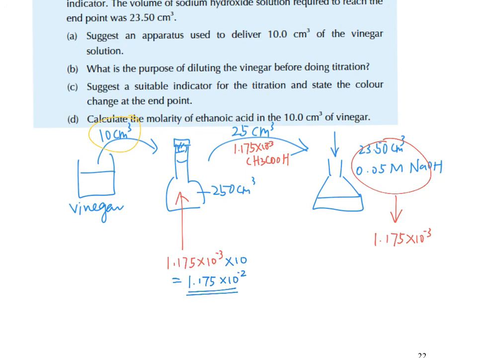So if we want to find out the concentration of ethanoic acid in vinegar, which equals number of mole divided by volume in dm cube, the number of mole is 1.175 times 10 to the power minus 2, and the volume is 10 cm cube. So the concentration of our original vinegar is 1.175 mol per dm cube.